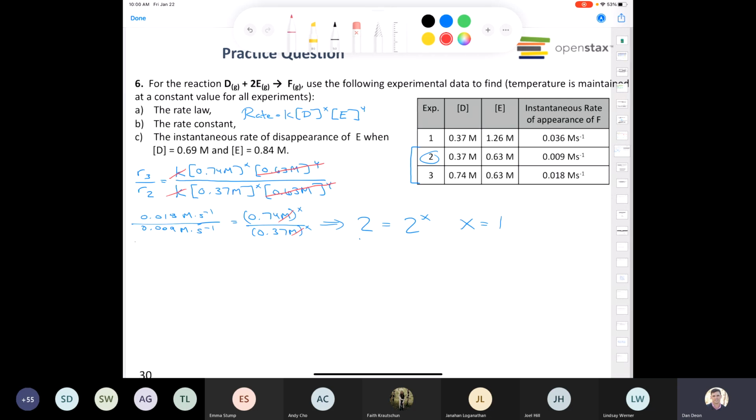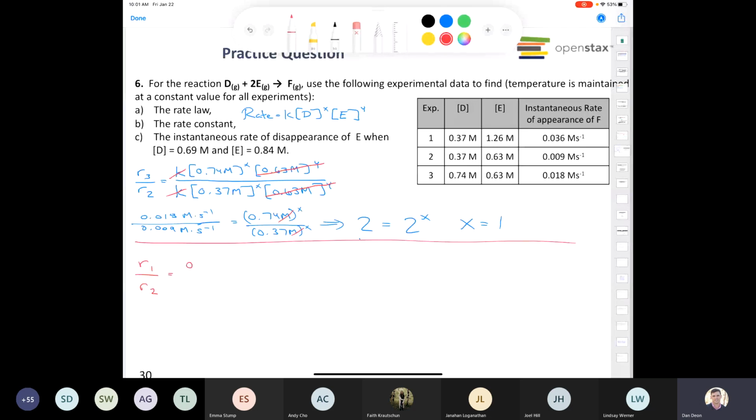Now we're going to do a comparison between two other reactions. If we want to know what Y is, we have to choose the two reactions where the concentration of D remains constant so we can eliminate it. So I'm going to do this one a little bit quicker, and we're going to divide rate 1 by rate 2.